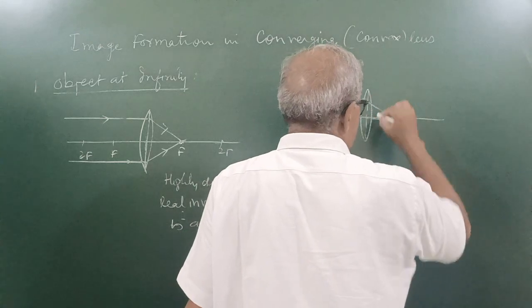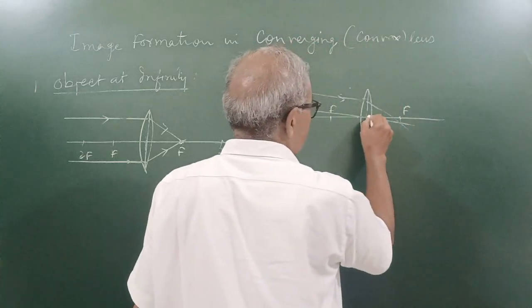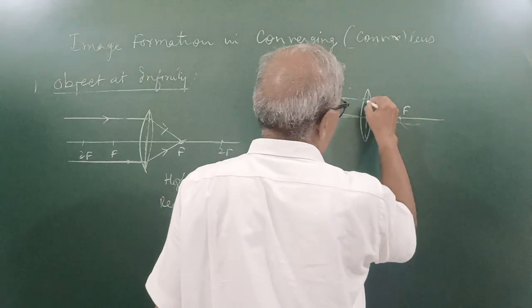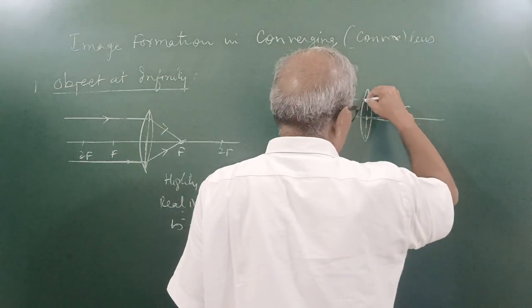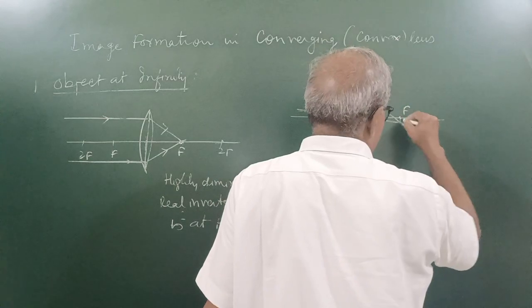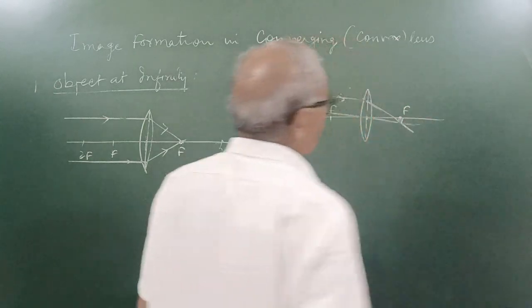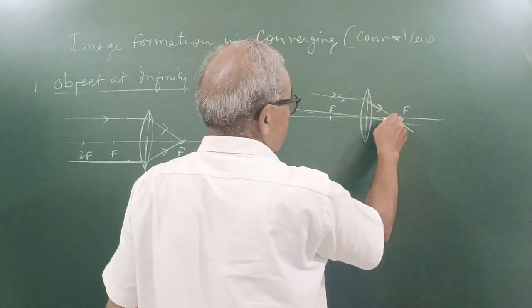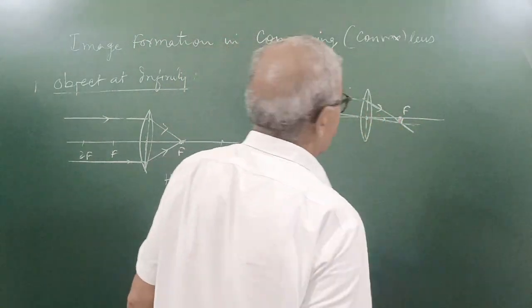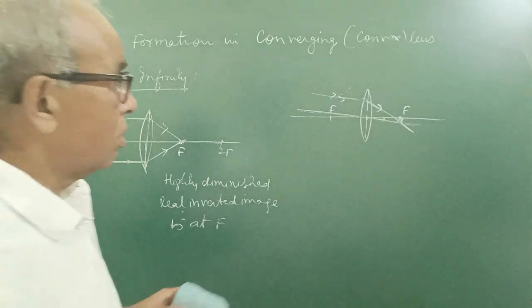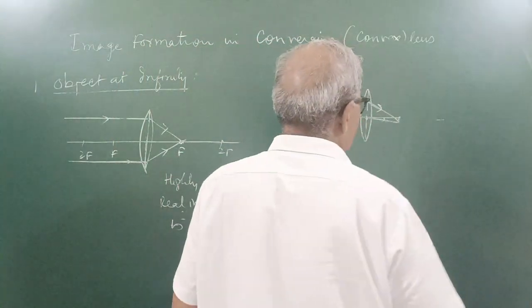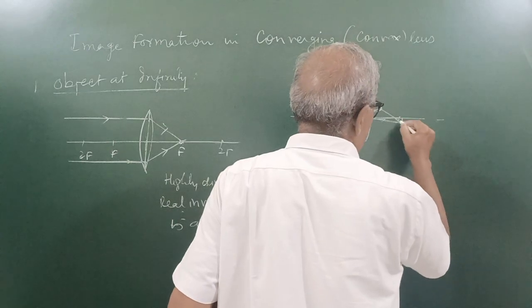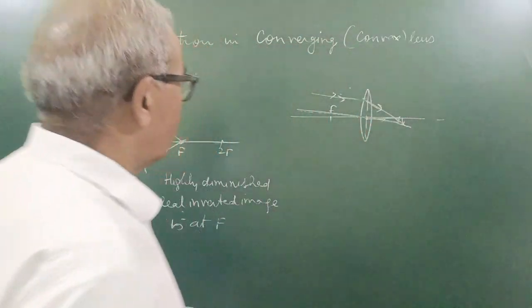Actually, the ray passing through the optical center goes straight. I just told you, but this will go and intersect here at focus. So better is that you first draw the image, a small image. Take one ray through the optical center, the other anywhere else. So you can obtain this image here, inverted, highly diminished image will be obtained at focus.